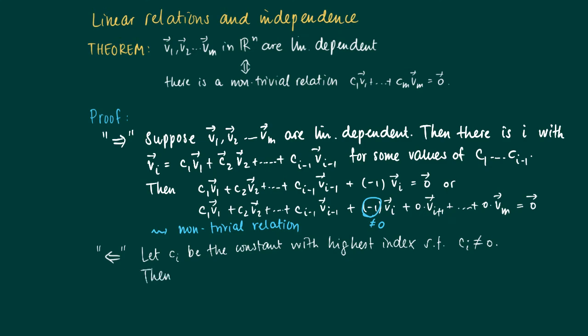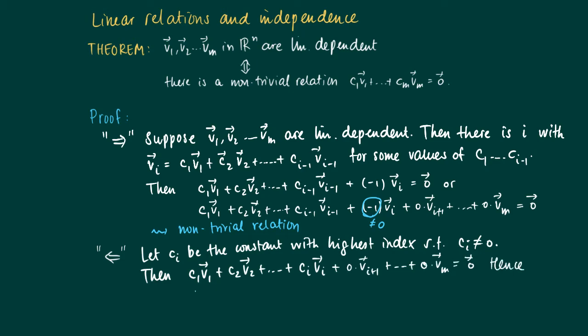Then we know that ci plus 1, ci plus 2 until cm are 0. So we may write c1 v1 plus c2 v2 until ci vi plus 0 times vi plus 1 plus ... plus 0 times vm equals a 0 vector.